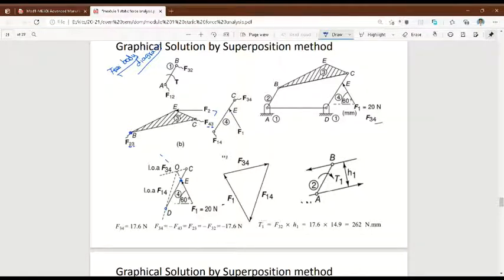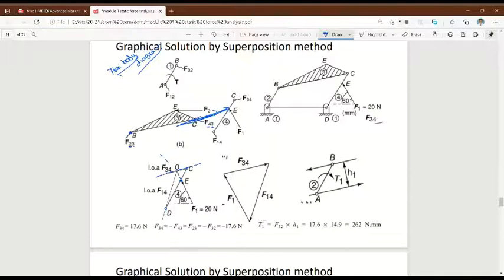F34 will be along this, since it is acting on C, parallel to this line.